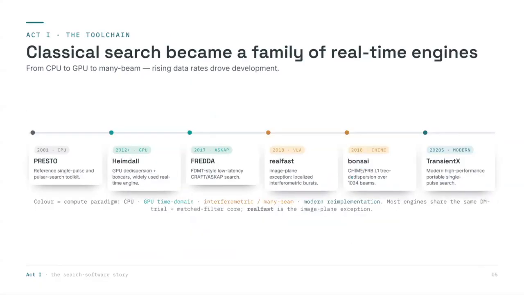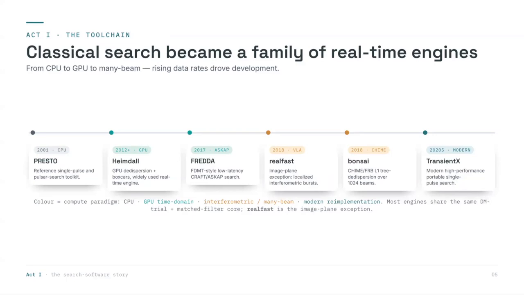Over the past 2 decades, this core loop was built into many different searches. PRESTO is a reference CPU toolkit from 2001, and Heimdall moved the dispersion and the matched filtering to GPUs. CHIME used Bonsai, a tree-based dispersion method that handled over 1,000 beams at once.